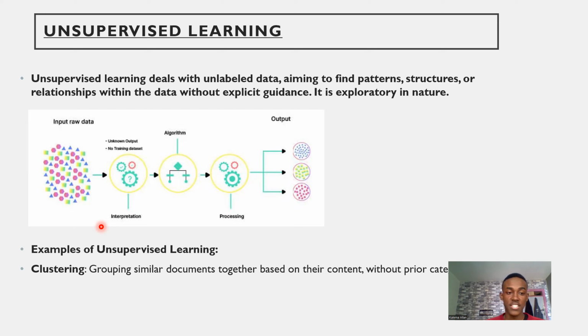It's exploratory in nature. In other words, they just give you raw input data. The data is disorganized or raw, as they say. So the algorithm must be able to get that data, process it, and classify it on its own into different categories, and then release an output.